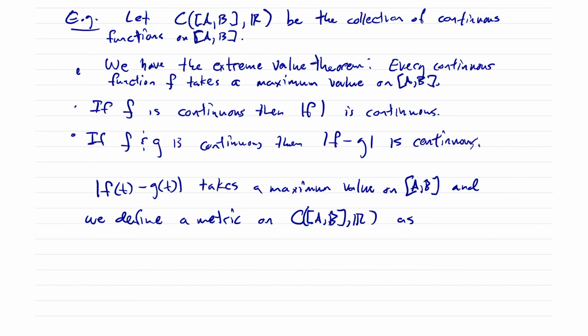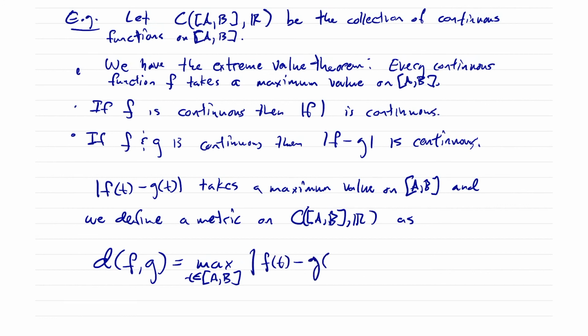So we say that d(f,g) is equal to the maximum over t in [a,b] of the absolute value of f(t) minus g(t). So we know that since this is a continuous function, it takes a maximum value by the extreme value theorem. And so this quantity is well defined.